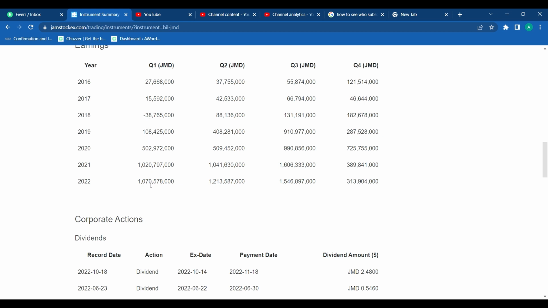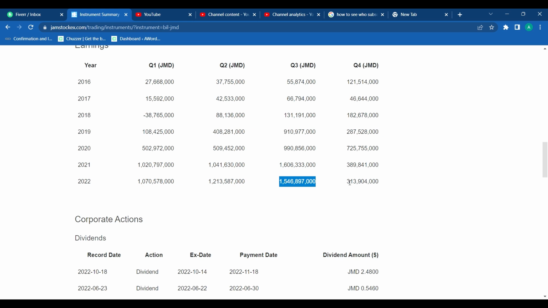In 2022, you can see that in quarter one they made $1 billion, up from the 27 millions that they made in 2016, and they made another $1.2 billion in quarter two of 2022, 1.5 billion in quarter three, and 313 million in quarter four.